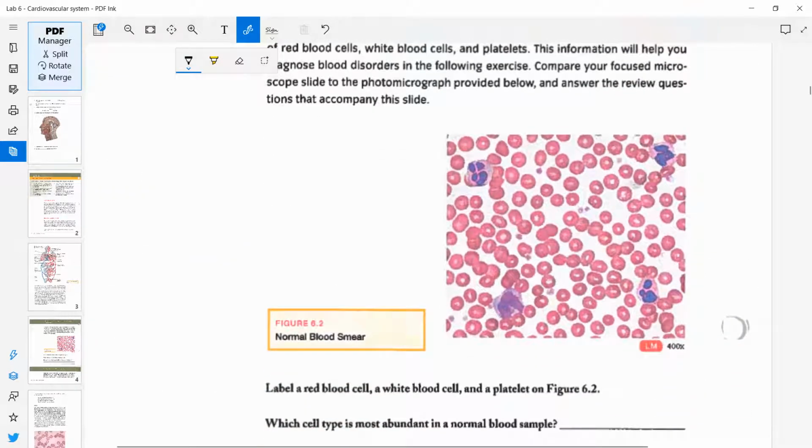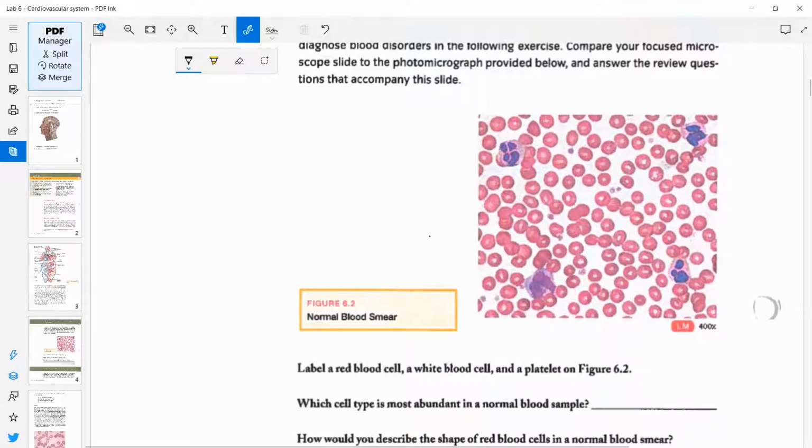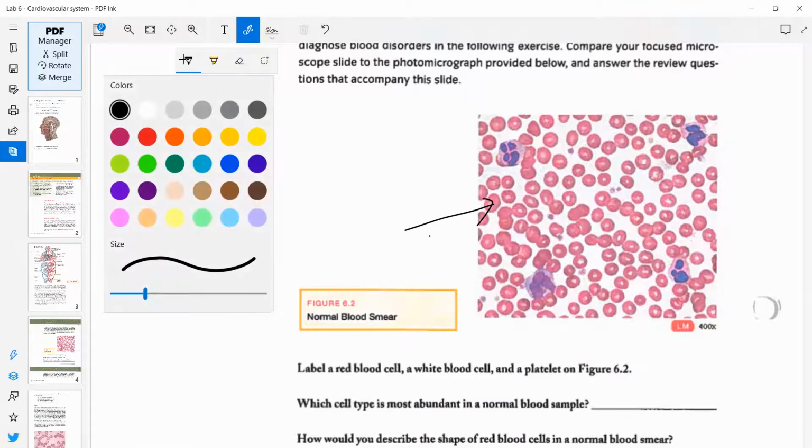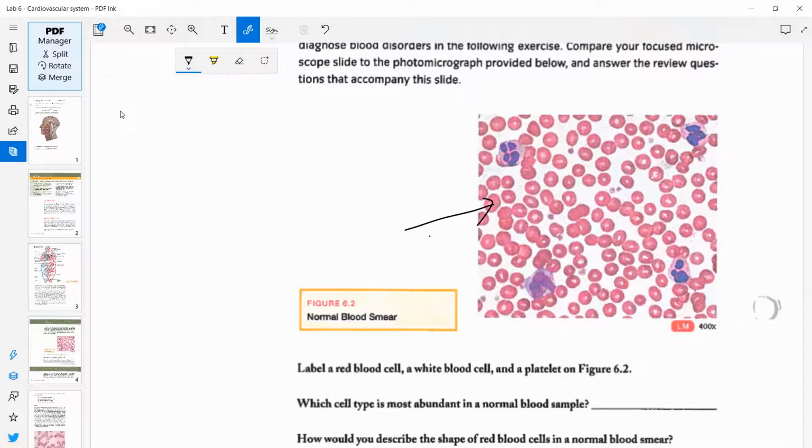So this is the blood smear, as we would see it. Okay, so you can see the red blood cells, and the white blood cells here.